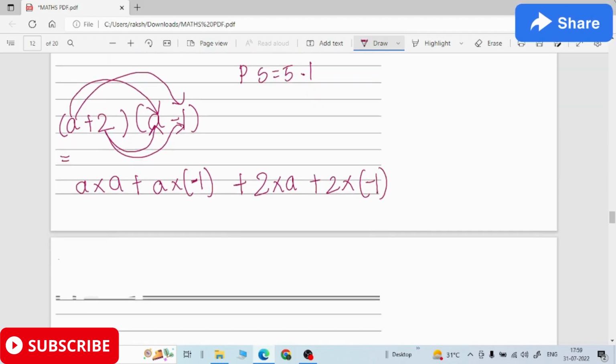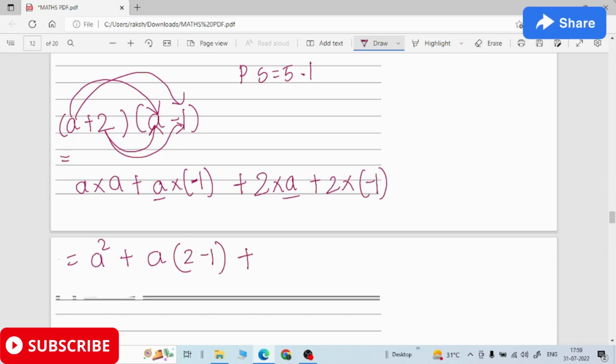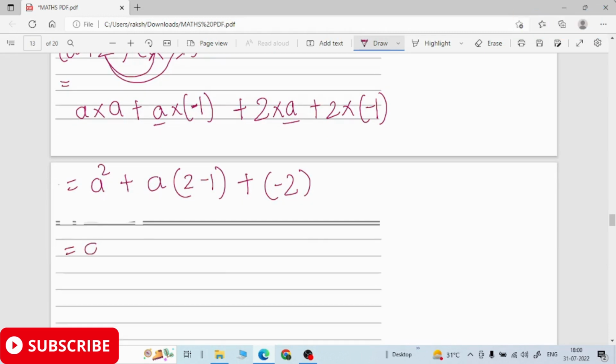That gives a square minus a plus 2a minus 2. Here a is common, so we take a outside the bracket: minus 1 plus 2 is 1, so 1a, or a.